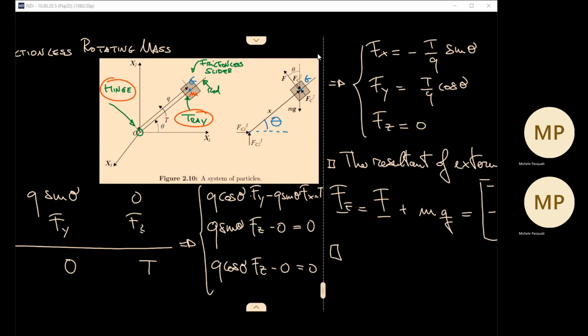Now, what about the tray? So the tray has no friction associated to it. So there is no force along this sliding of the mass over the rail. The only thing that we have is this orthogonal component.